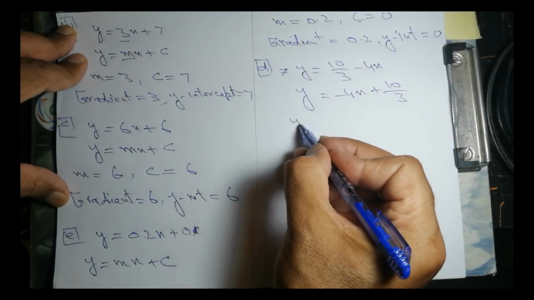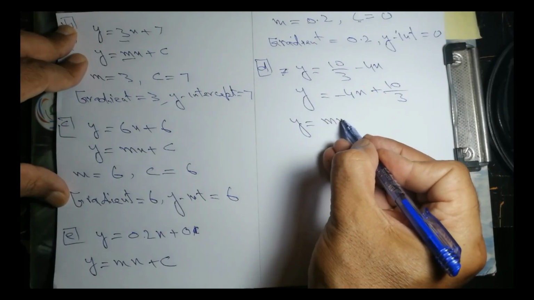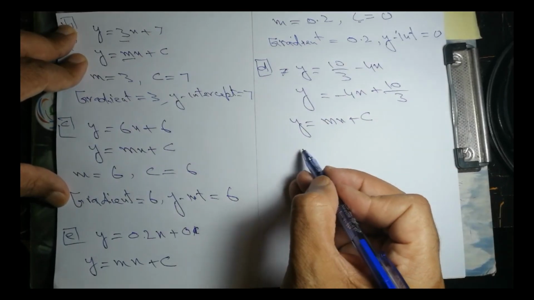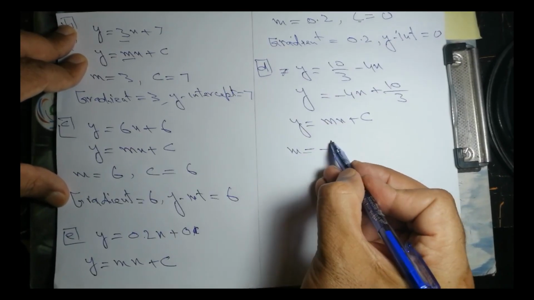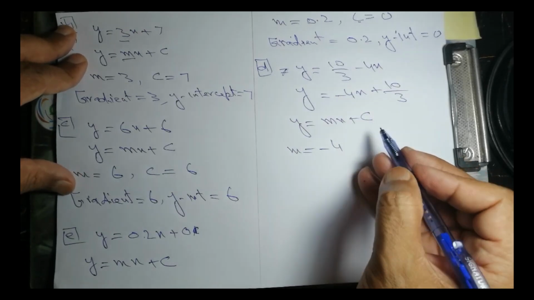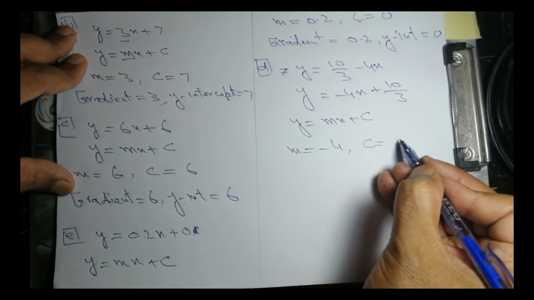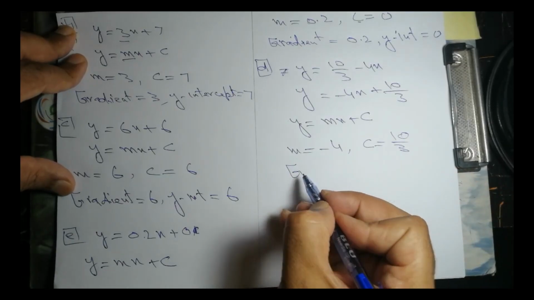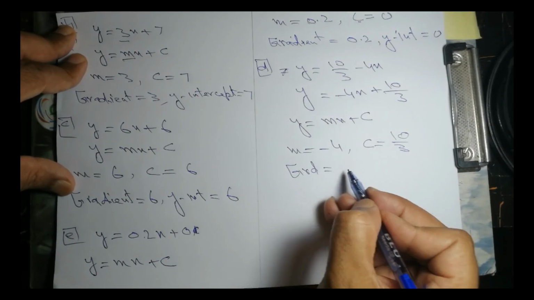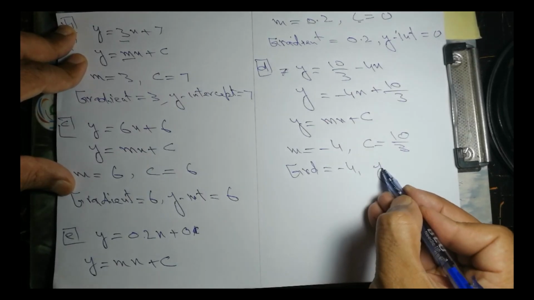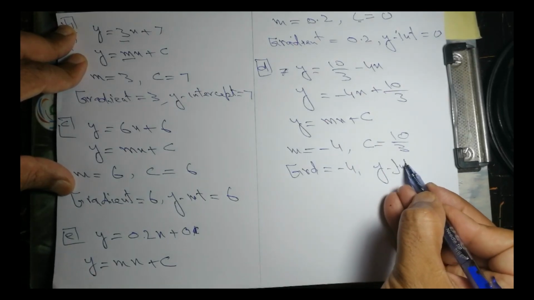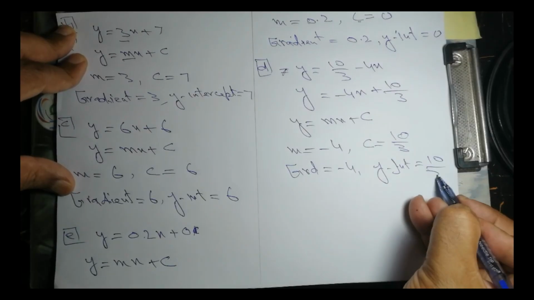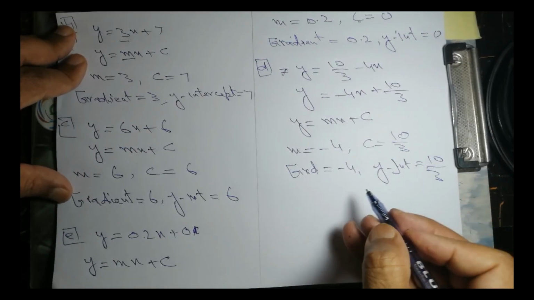Comparing with y equal to mx plus c, m equal to minus 4, the coefficient of x, and c equal to 10 by 3. So the gradient is minus 4 and the y-intercept is 10 by 3. This is the answer.